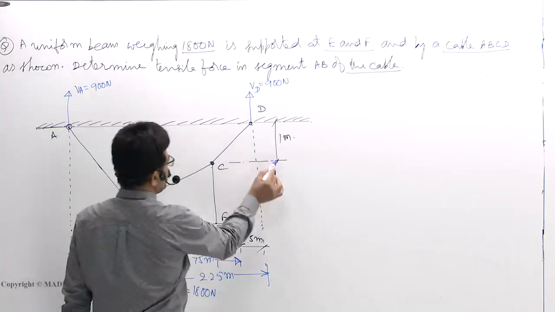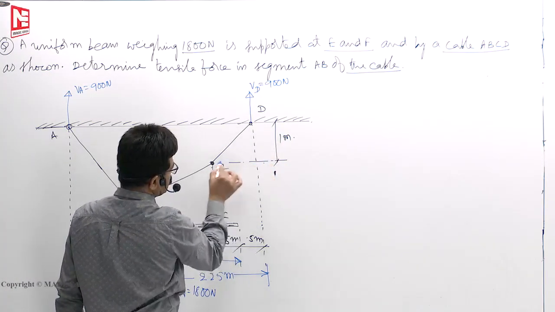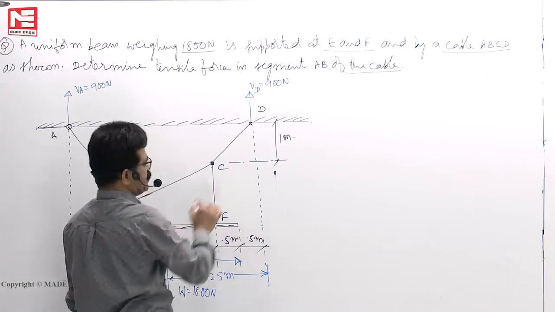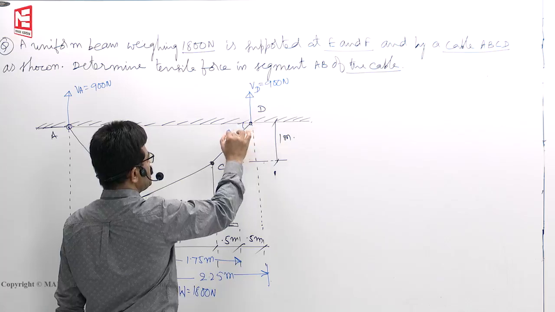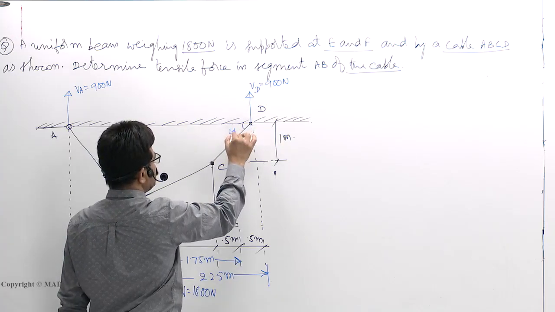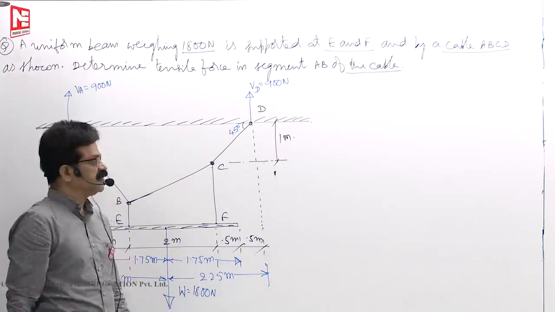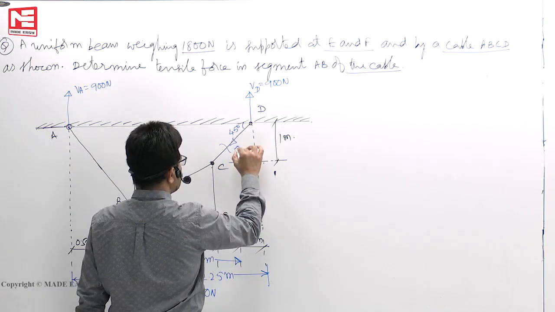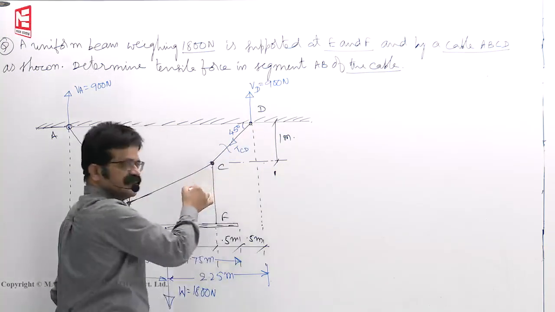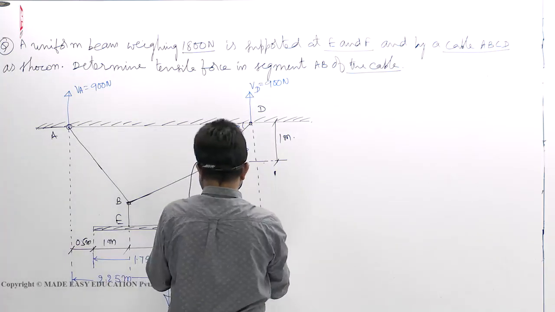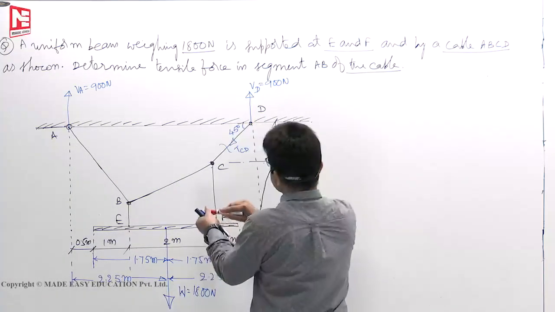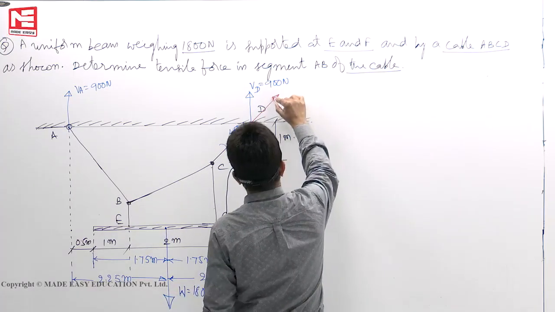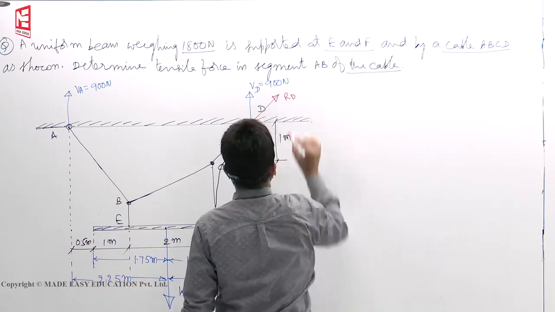Next, here 1 meter sag, C point is at a sag of 1 meter, horizontal distance is also 1 meter. That means this angle of inclination is 45 degrees. So if you take the tension in the cable TCD, let us say, tension in the cable and the resultant reaction at D must be in the same line as in the earlier problem. This is RD.